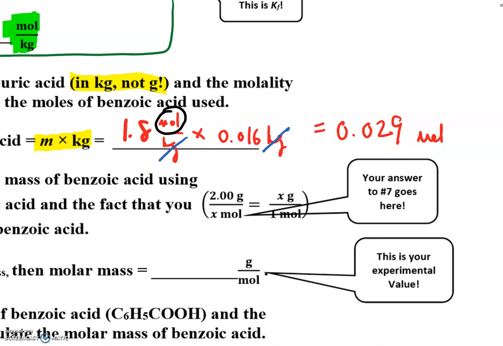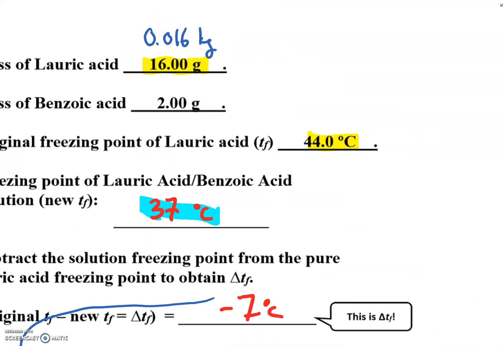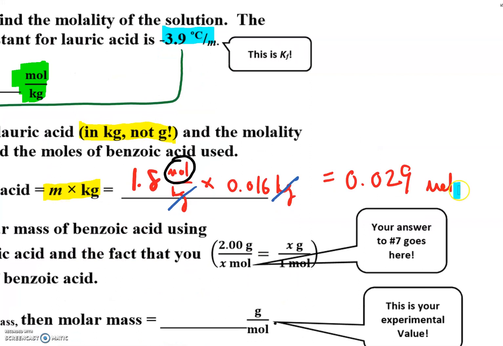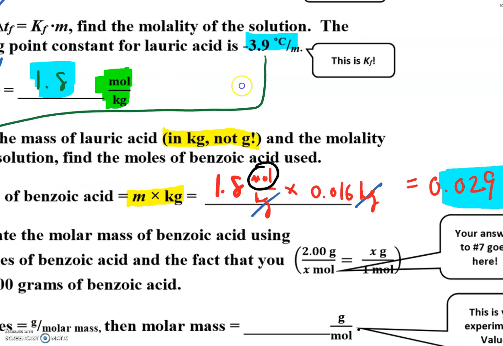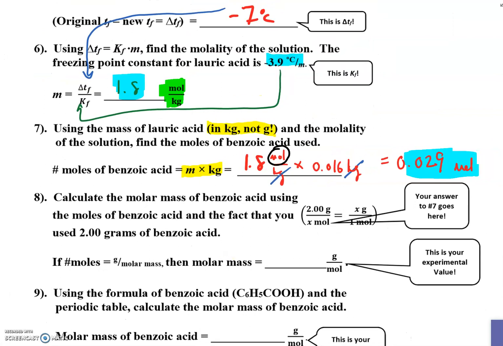All right, now we know that we used 2 grams of benzoic acid, and because of our calculations, we know that we had 0.029 moles of benzoic acid in the solution. So look what it says. It says your answer to number 7 goes right here.